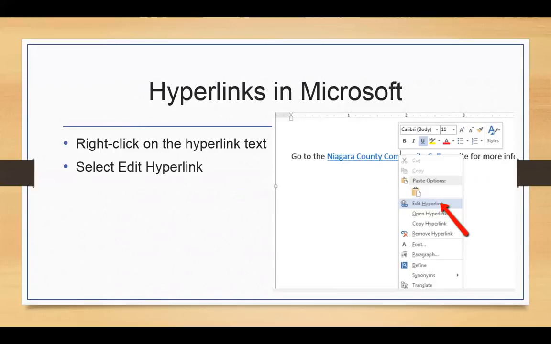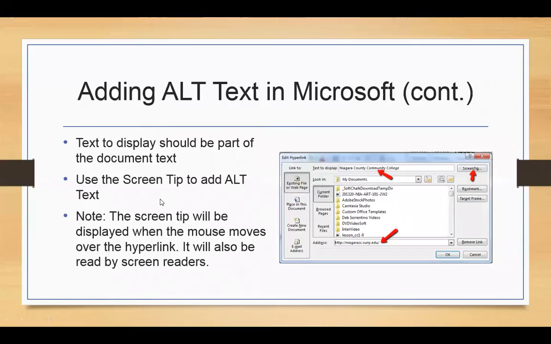You can select the hyperlink once it makes it a link. And when you right click on it and go into edit hyperlink, up in here where it says text to display, you could type in what you want to see within the document so that when they go through the reader, it will say Niagara County Community College, and if I want to, I could put website after it. So that way the student knows when they click on that, that's where it's taking them.